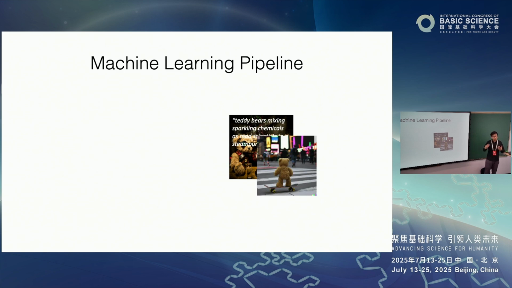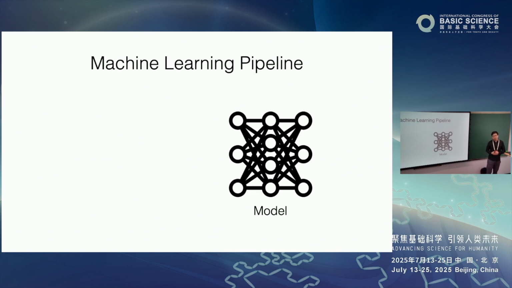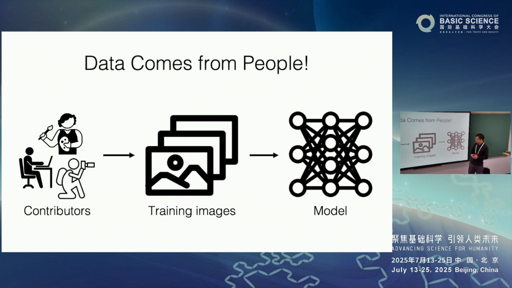It can generate all kinds of very interesting images. The images were coming from a generative model, and the model was trained on billions of images, 10 billions of images. And importantly, one thing people don't talk about these days is these training images come from contributors, like human contributors, like artists, designers, photographers.